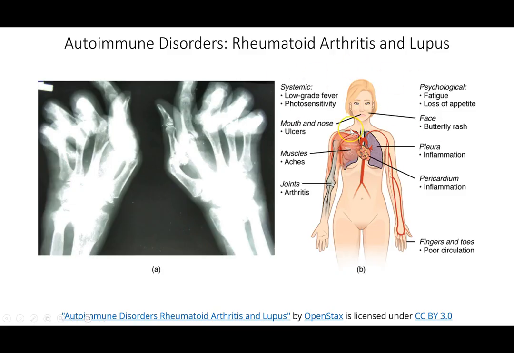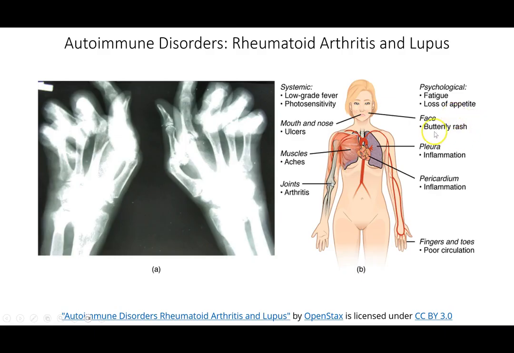Lupus is another pretty well-known autoimmune disorder. This is much more widespread, and the immune system can be attacking many different systems in the body. No two people with lupus are going to have identical sets of symptoms and identical systems of the body that are being attacked, but this can cause a lot of different disorders and symptoms.